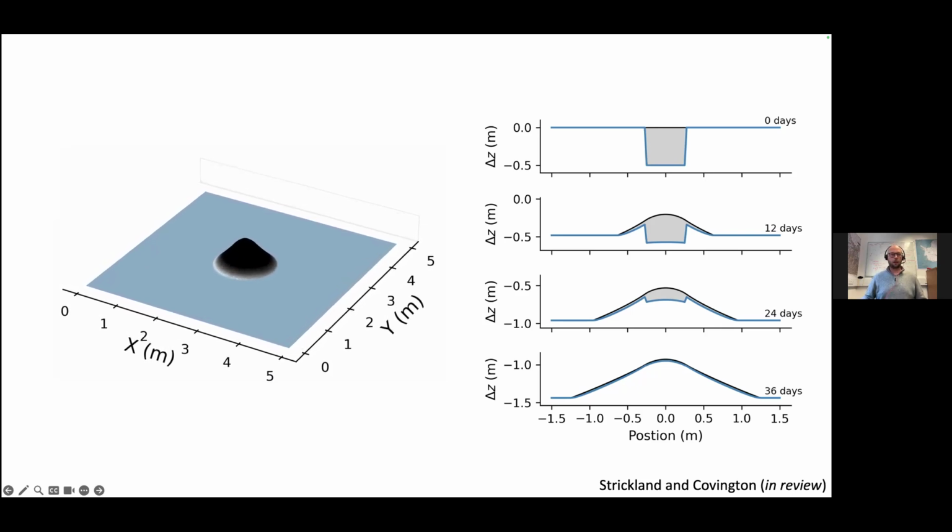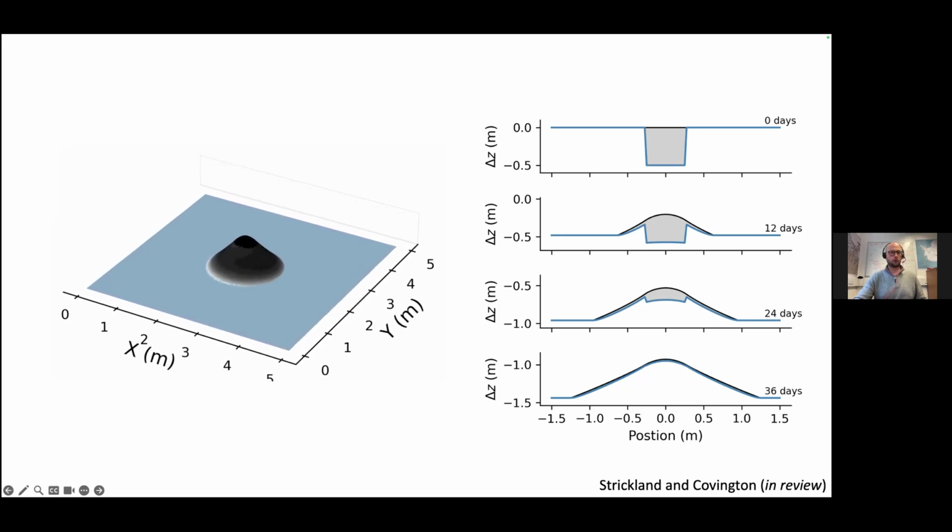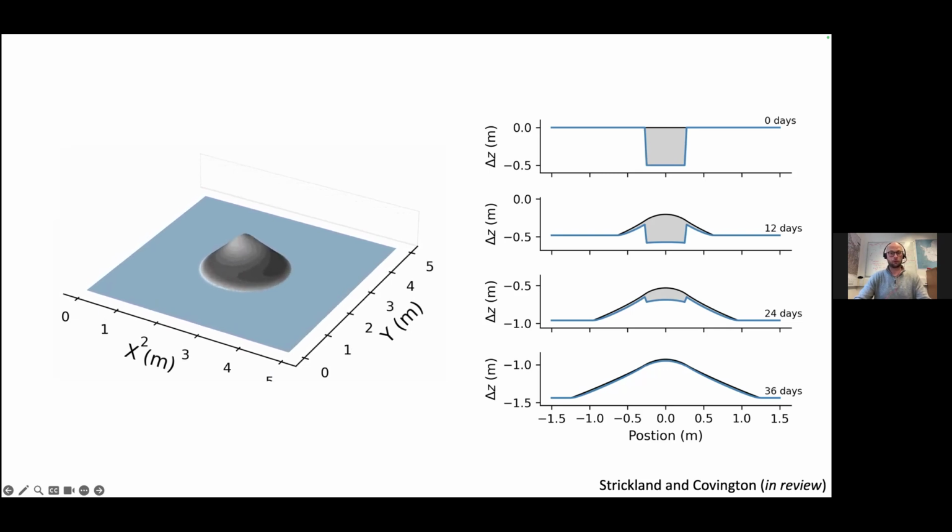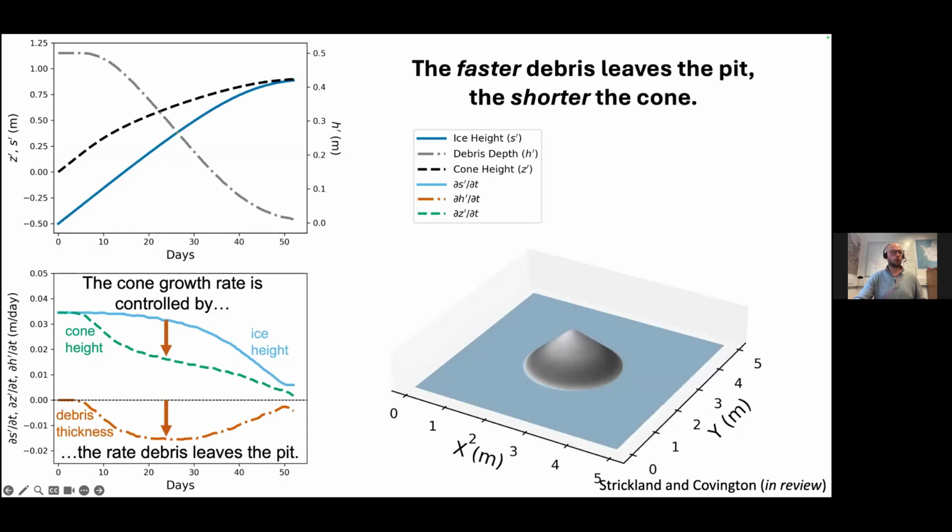But we can also learn some things from how these dirt cones develop that help us understand how topographic relief develops on debris-covered glaciers. So when we look a little bit closer at how these develop, and I'm just showing you a single simulation here, but we varied the parameters quite a lot.